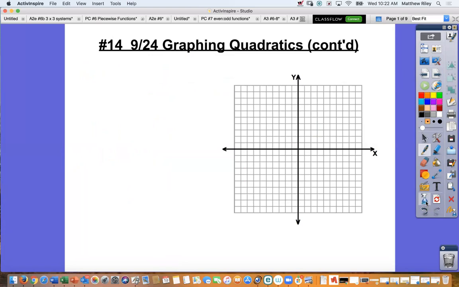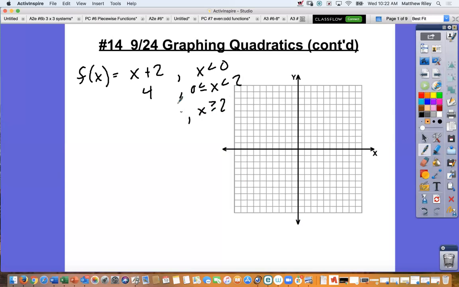So number 45 says this, but it only wanted you to evaluate it for these values. And this will be the last one we do, then we've got to move on.